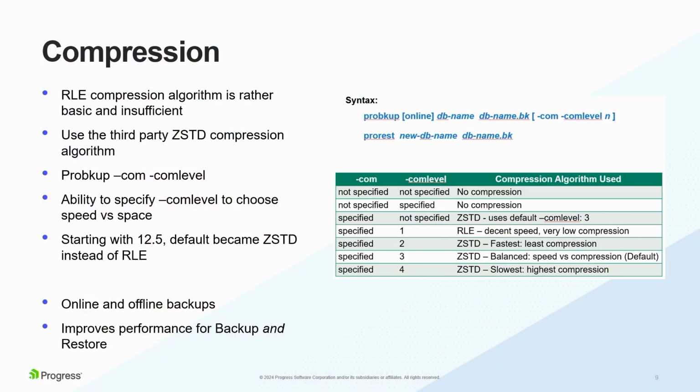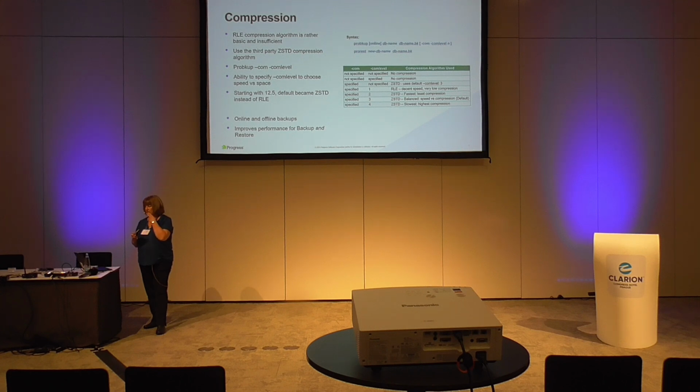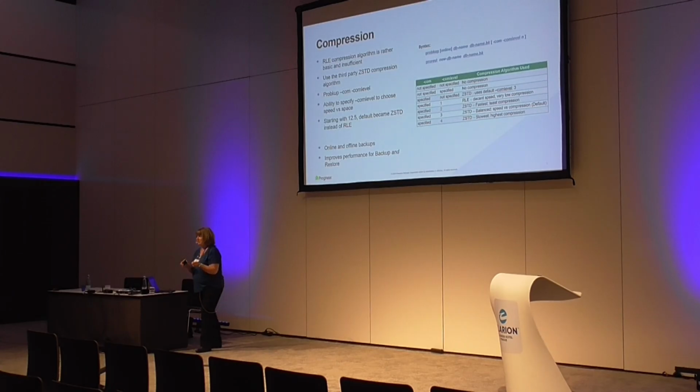Now, back to the number 2 problem area of performance for backup and restore, which is the compression and decompression. We've had for several years now, well, probably forever, our compression algorithm was an RLE algorithm, which is not terribly efficient. And so what we've done is incorporated a third-party Zstandard algorithm for compression.